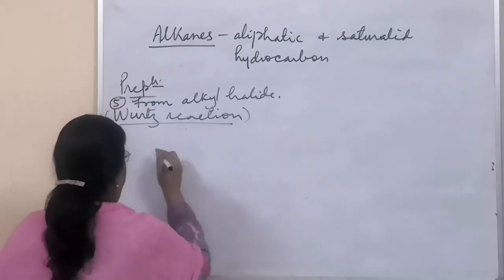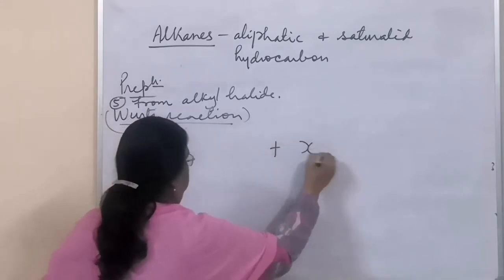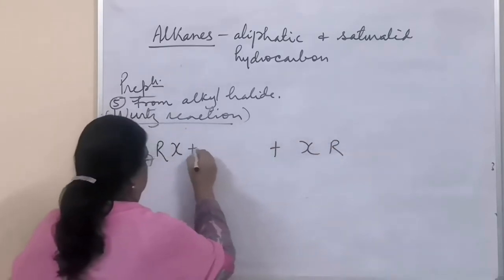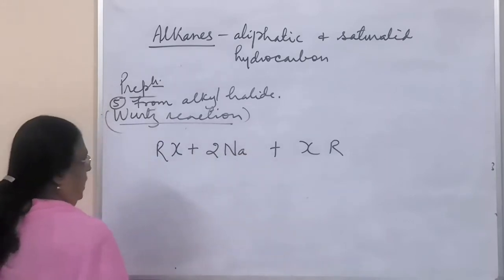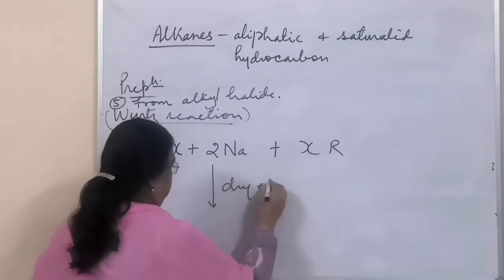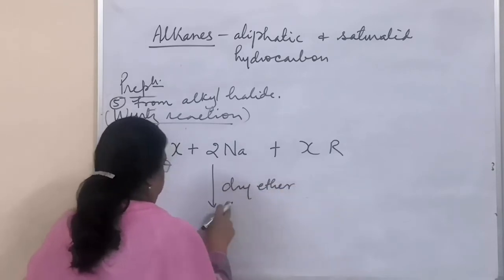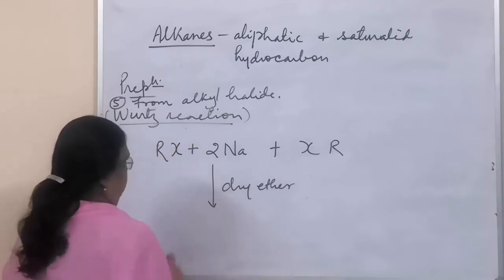Wood's reaction: two molecules of alkyl halide combine with sodium metal in the presence of dry ether. If there is no dry ether, it is no reaction and it is not Wood's reaction.